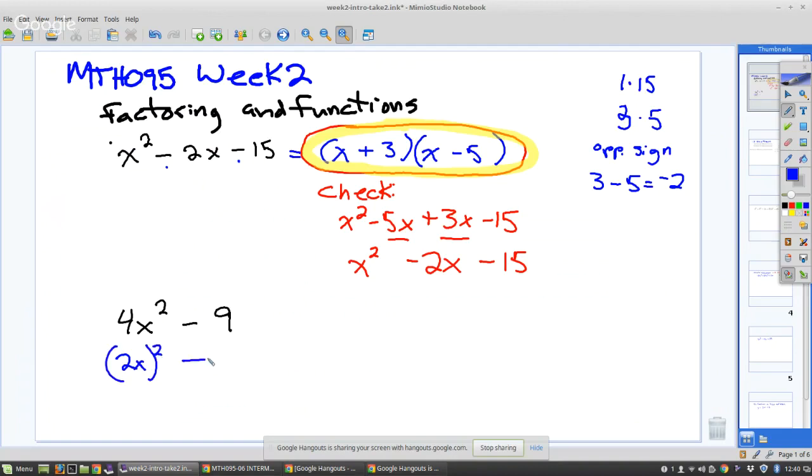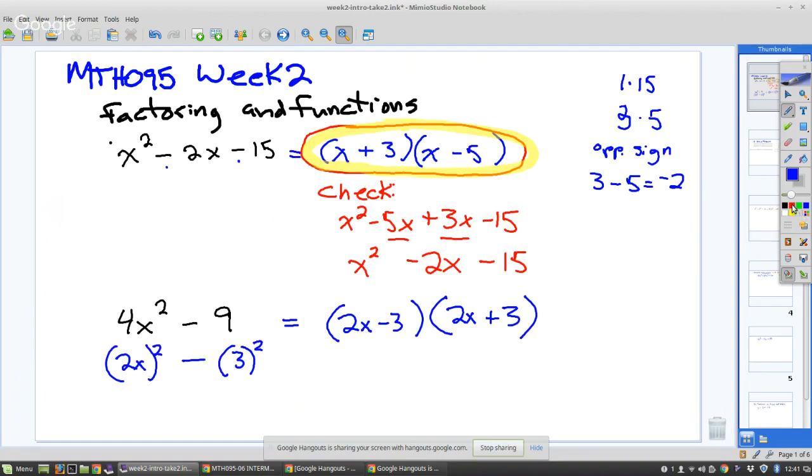And 9, it's a perfect square also. It's the square of 3. So this fits the difference of two squares formula, which says it'll factor as a binomial times a binomial. One of the binomials is 2x minus 3. The other would be 2x plus 3. And so if you remember that formula, that's a quick way to get the factored form.